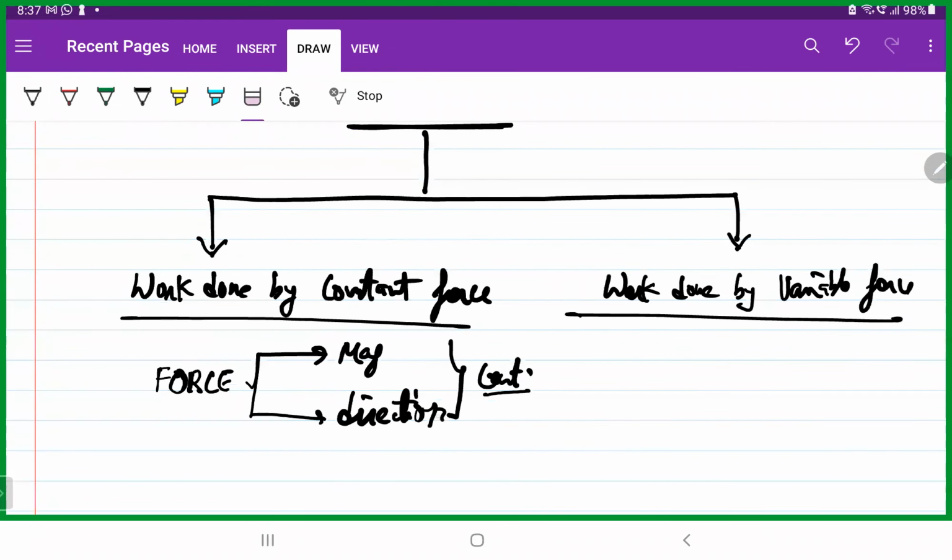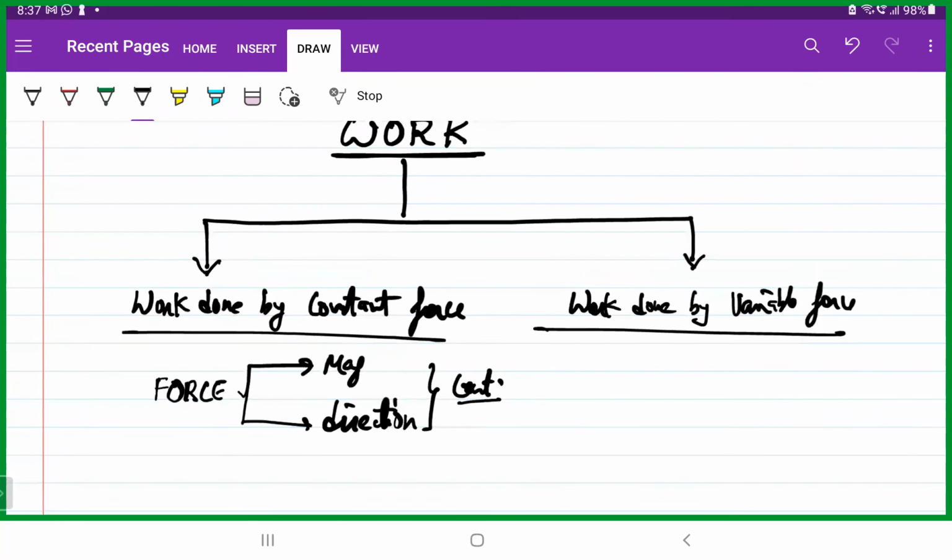Then only we say it is a constant force. Whenever we say any vector is a constant vector, its magnitude, the value of it, as well as the direction should be the same.